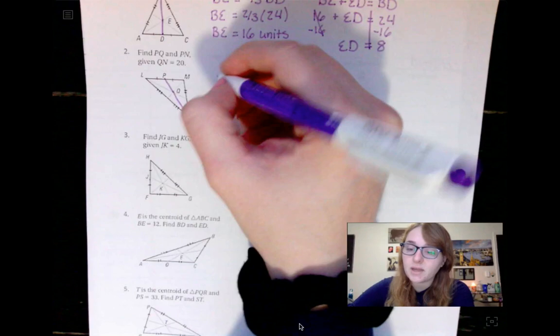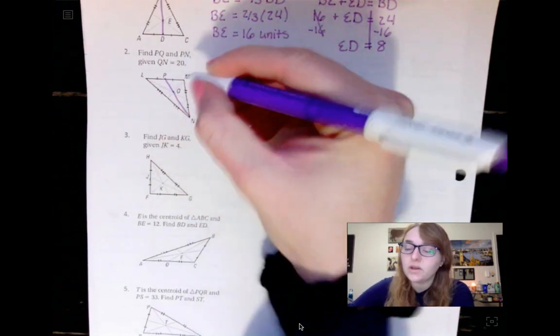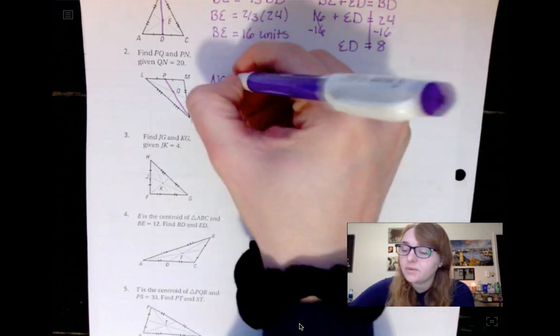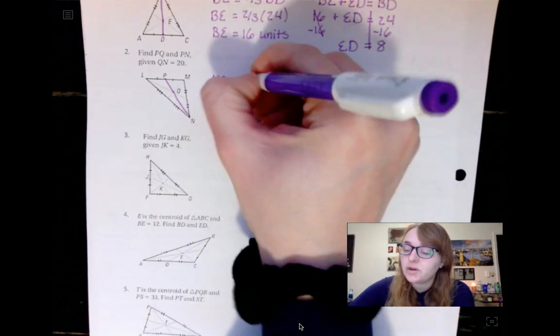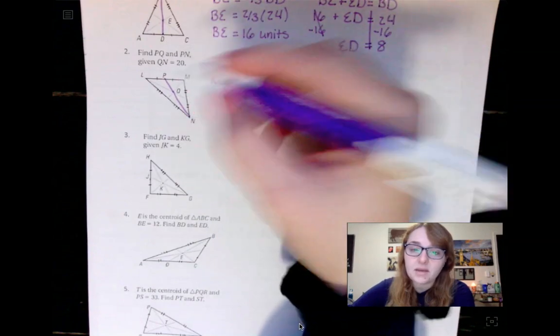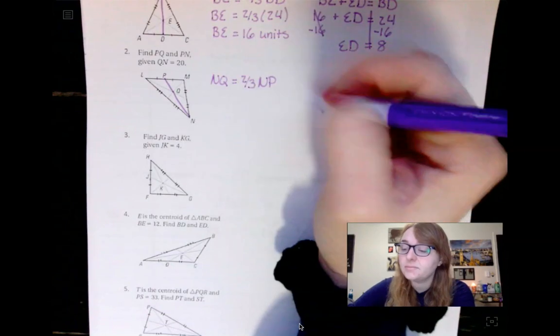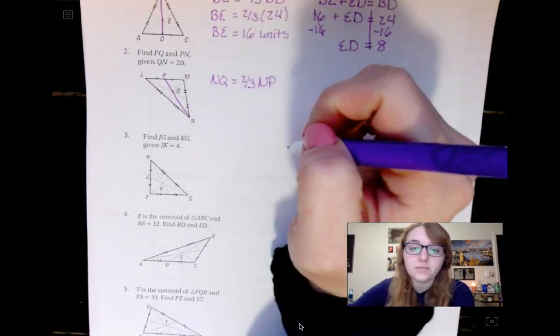So we're going to set it up like that. Vertex to centroid, NQ, or QN, it's the same thing, is equal to 2/3 of the whole thing, NP, or PN, which is one thing that we're trying to find here.